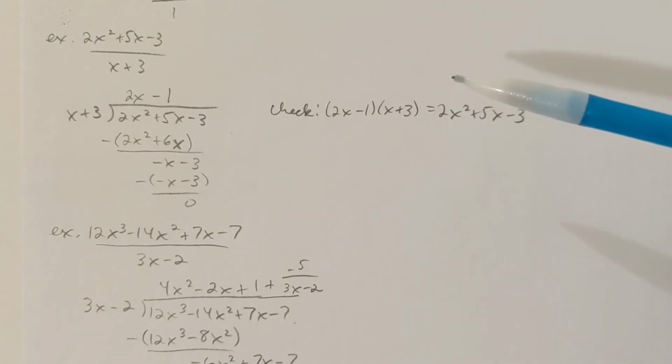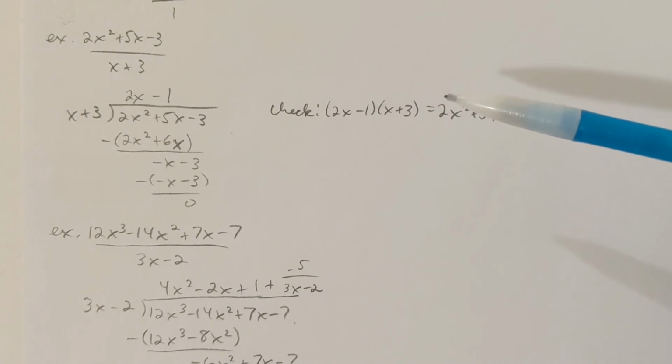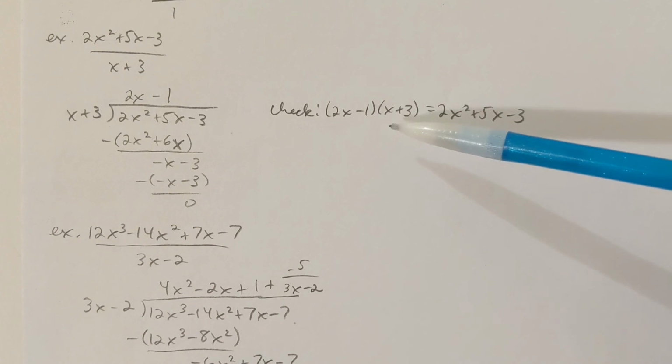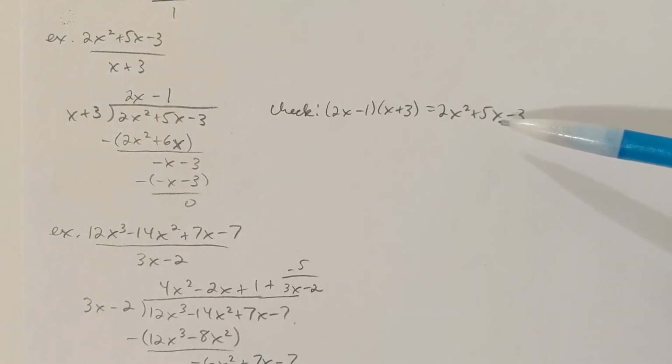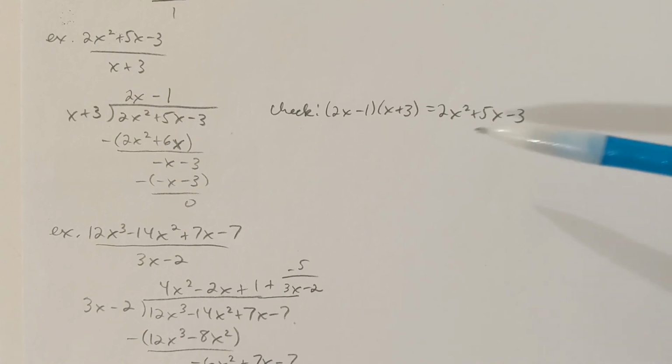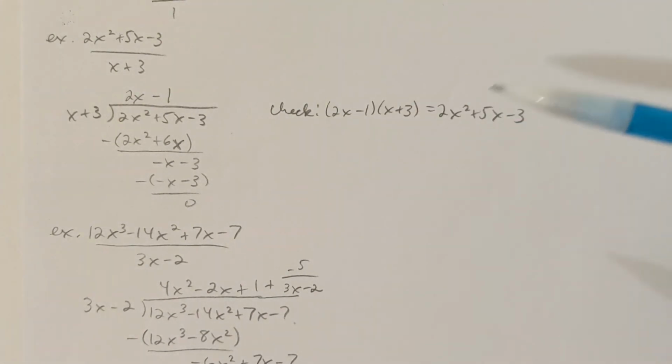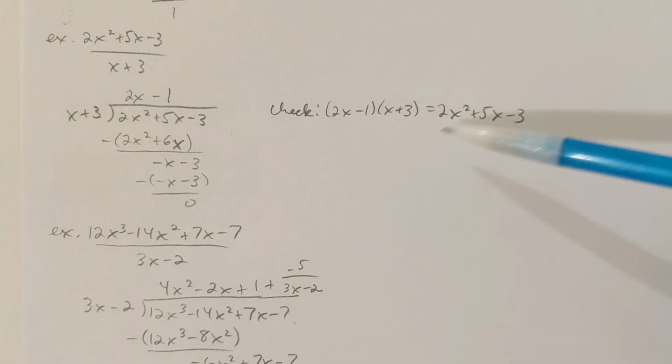Okay, so 2x minus 1 times x plus 3 gives me 2x squared plus 6x, plus minus x is plus 5x. Negative 1 times 3 is minus 3. And yeah, that's exactly what I get as the dividend. Okay, so that was good there. 2x minus 1 is the answer.